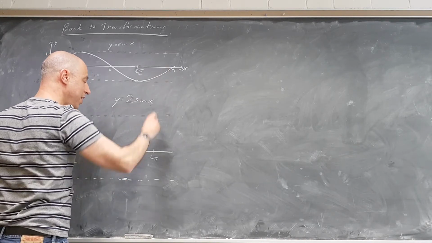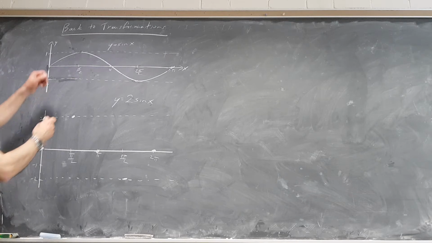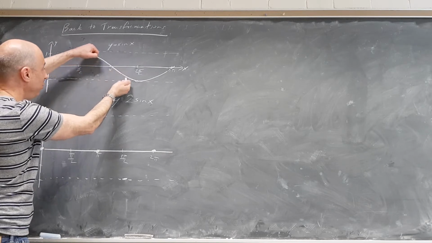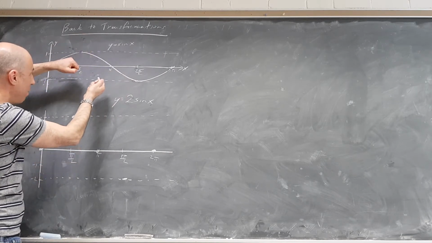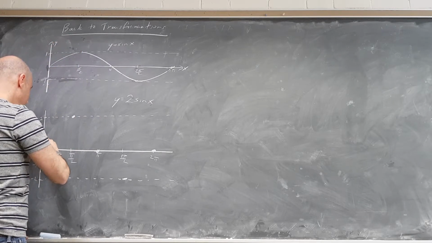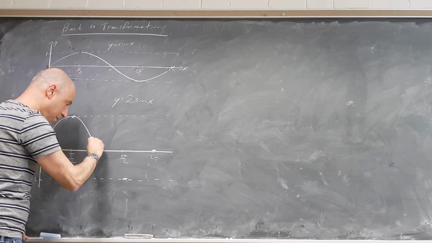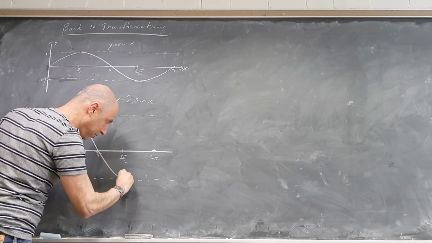And this point's right on the x-axis, it stays there. So what we've done is we've taken this picture and we've stretched it. Points above the x-axis go up, points below the x-axis go down, and we end up with a vertically stretched sine function.